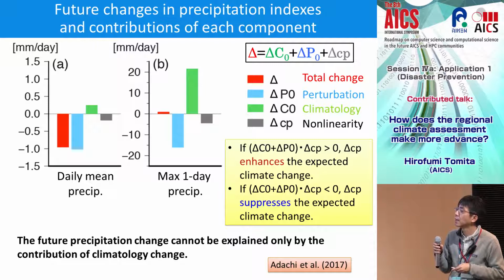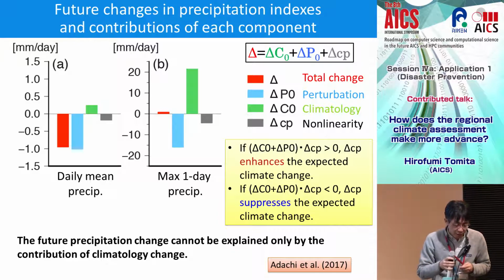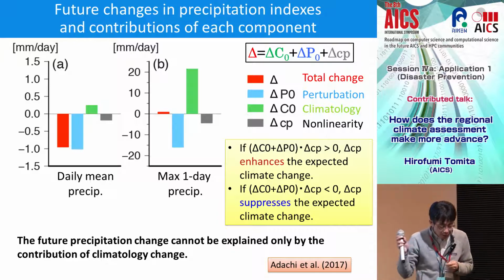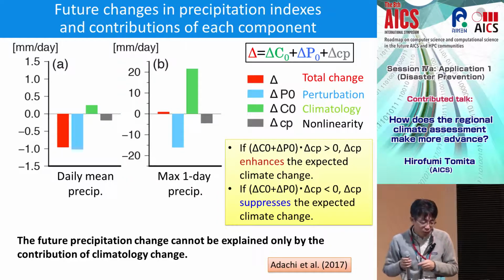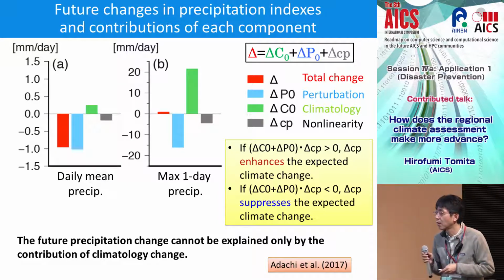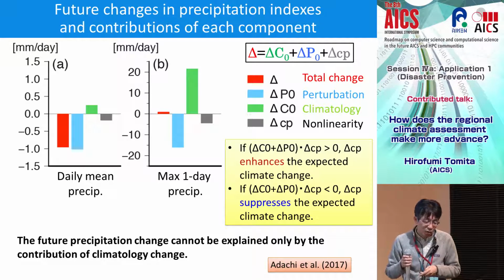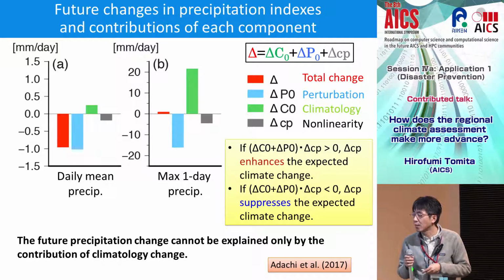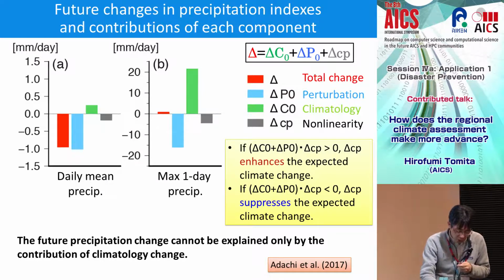In that case, this picture is typical. Okay. So in this demonstration, the future precipitation change cannot be explained only by the contribution of climate change. This is a very, very important conclusion.